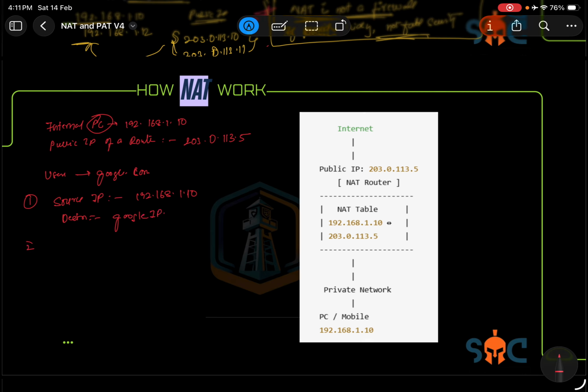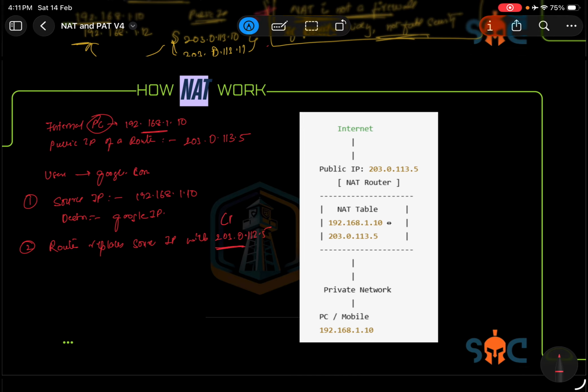Okay, so in the second step, the router replaces the source IP with 203.0.113.3.